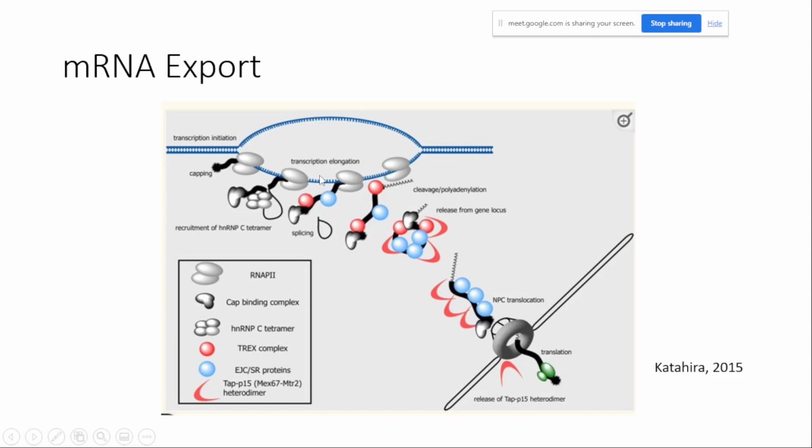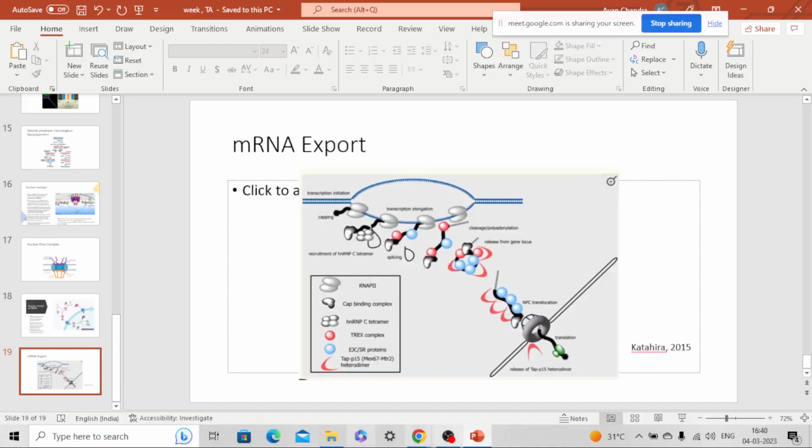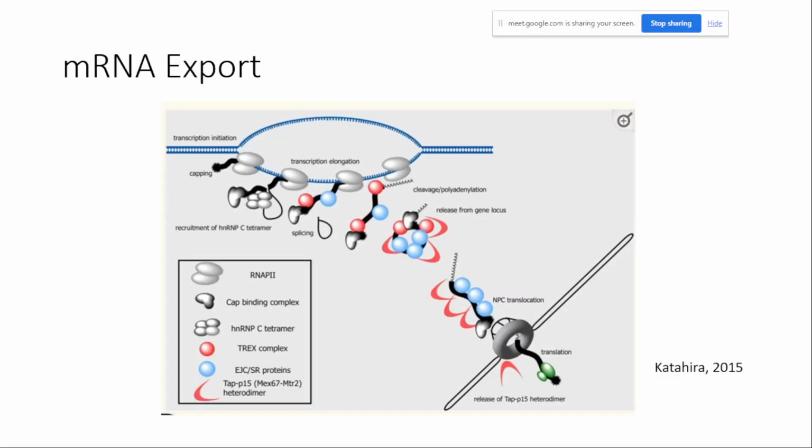So why is their recruitment required? Because upon their recruitment, the mRNA export transporter will be recruited, which is MEX67 and MTR2. Upon the binding of TREX and SR protein, it will make a landing platform for this heterodimer protein MEX67-MTR2.